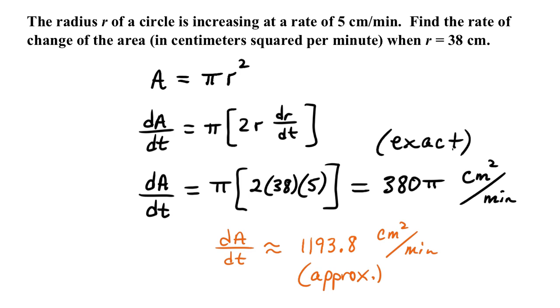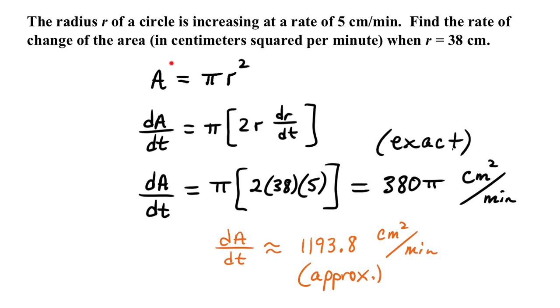So the area is changing. The radius of your splash zone is also changing. This problem asks us to find the change of area when this is our splash rate, that's the radius increase, exactly when the radius is 38 centimeters.